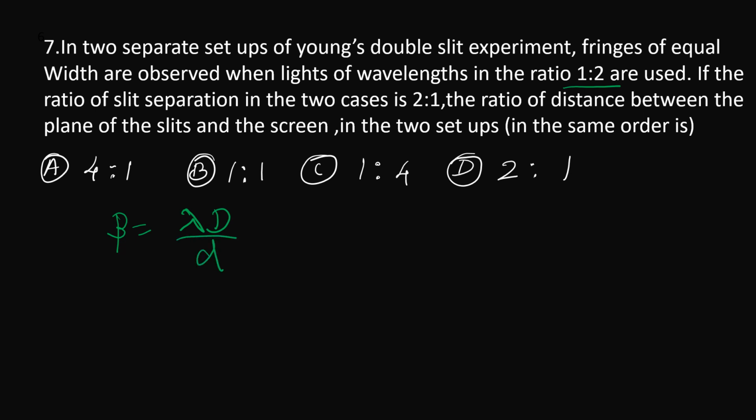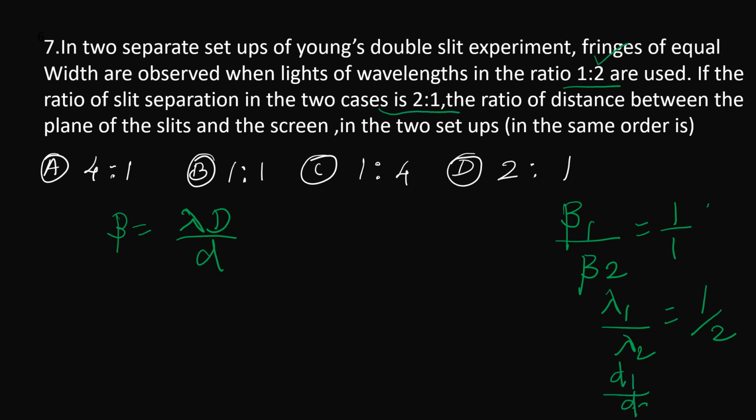Here, fringes are said to be of equal width, that is beta 1 by beta 2 equal to 1:1, and wavelength in the ratio 1:2. Then slit separation d1 by d2 in the ratio 2:1. Let us find out D1 by D2.